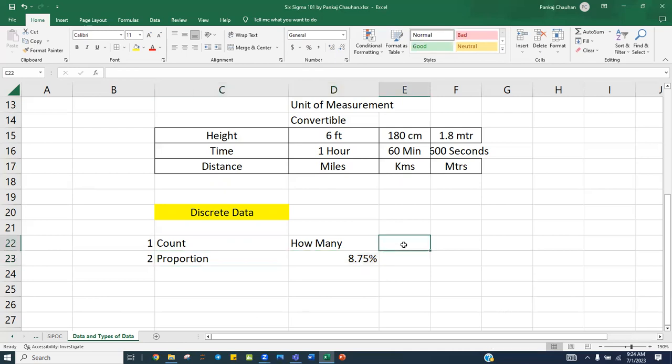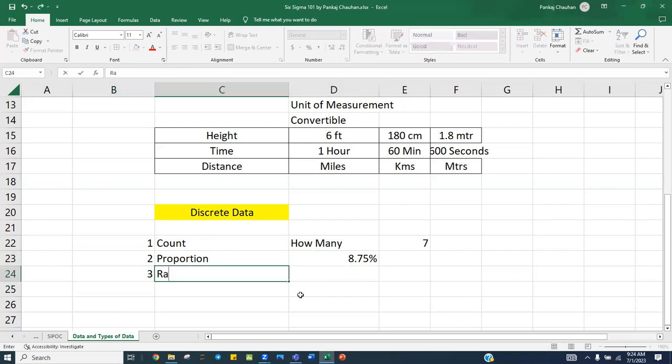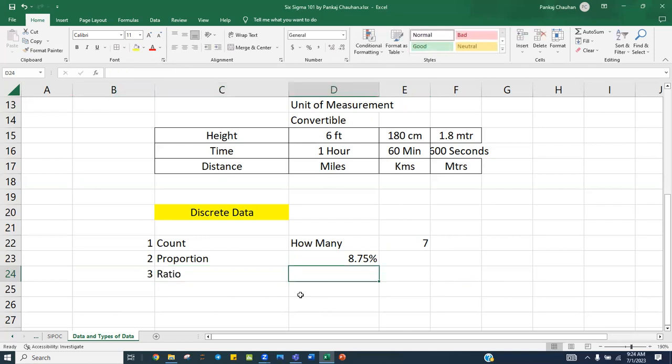If you say that 7 students passed in my class with distinction, that is count data. But 7 out of 80 passed with distinction and converting it into a percentage, there it's proportion data. There is another way as well, which is called ratio data. Ratio is 7 students passed with distinction out of 80.